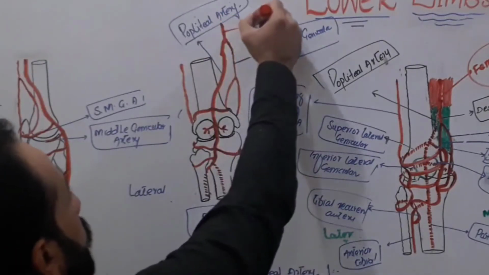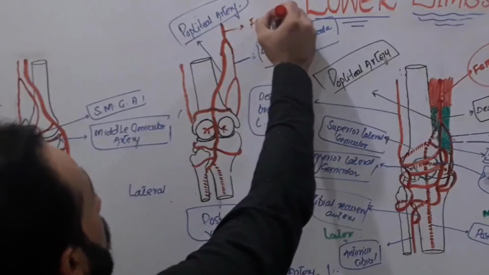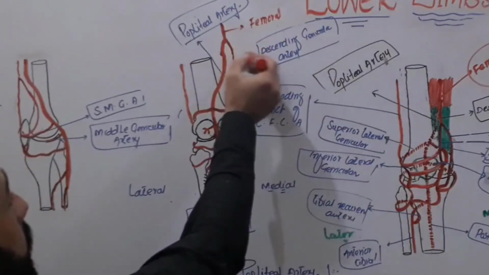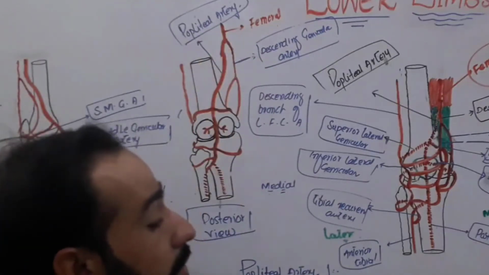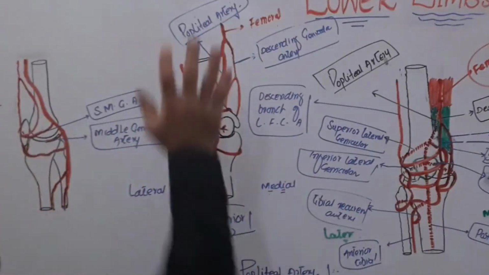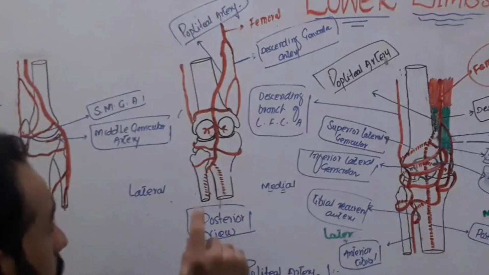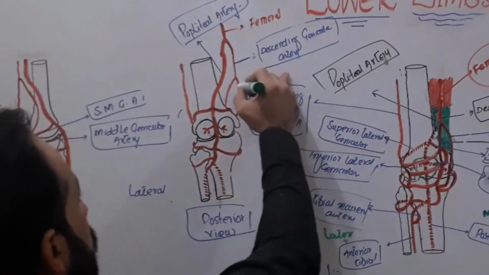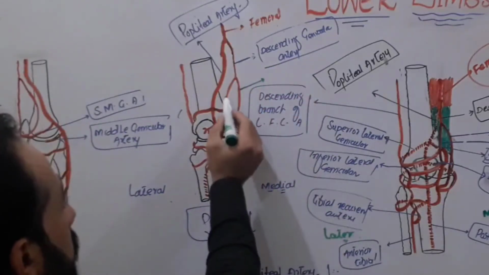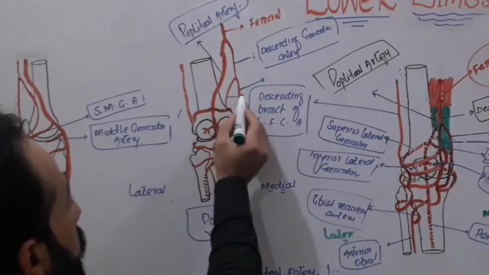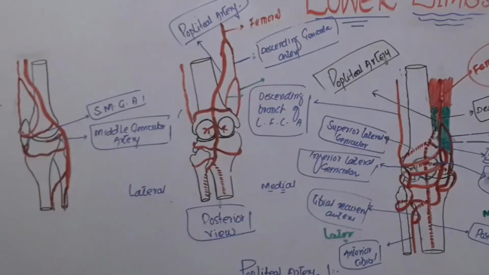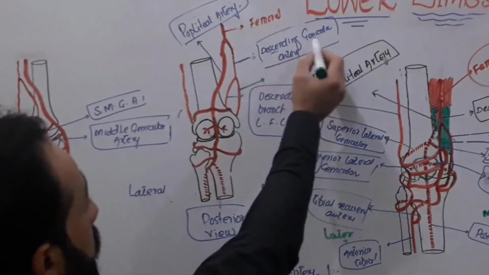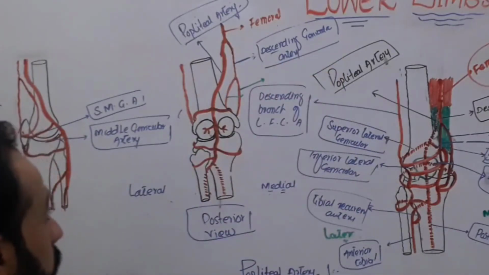This is our femoral artery. This is our descending genicular artery, and this will be our popliteal artery. It's quite easy, right? So this is the posterior view, right? Then this will be our saphenous branch, and this will be our articular branch. I have mentioned them there, and we will see the branches also while we are discussing the descending genicular artery in the next lecture.